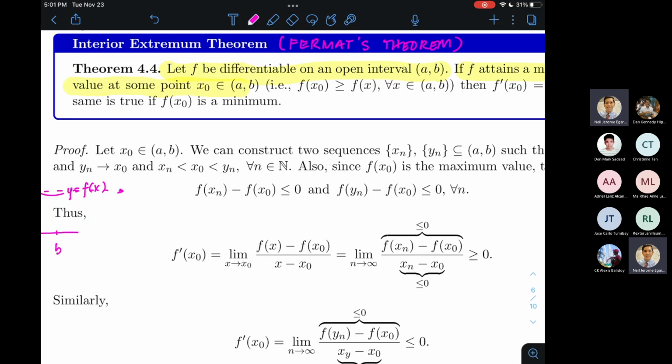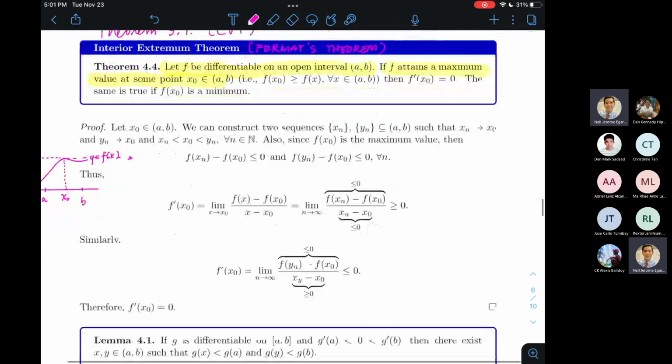Kaya ang tawag natin sa kanila ay critical numbers lang. Sila yung mga candidates para magbigay ng maximum at minimum. At sila lang yung posibleng candidates. Walang magpapa-maximum or magpapa-minimum sa isang function na hindi zero yung derivative sa kanya. And that is due to Fermat's theorem. Okay?